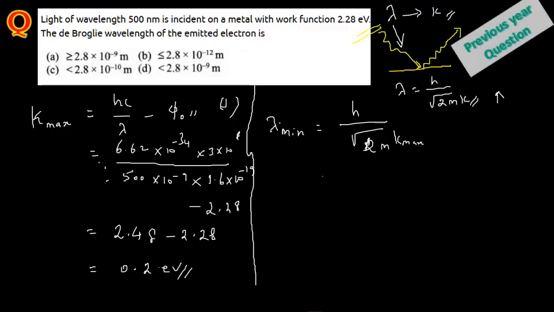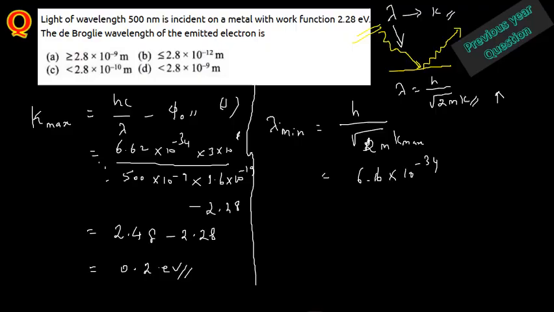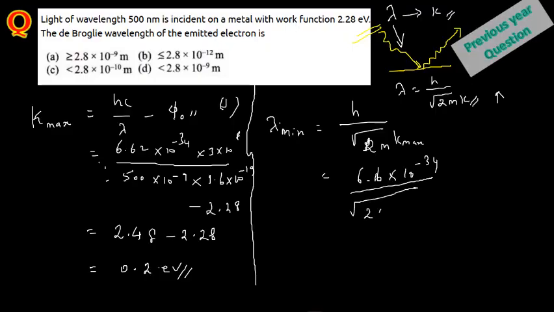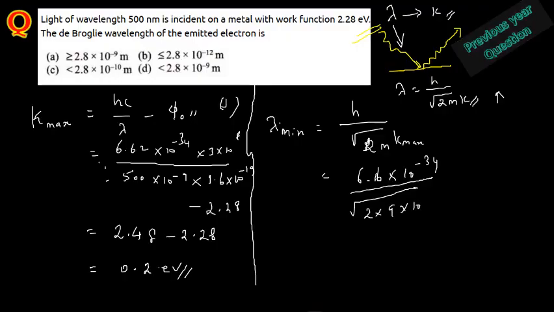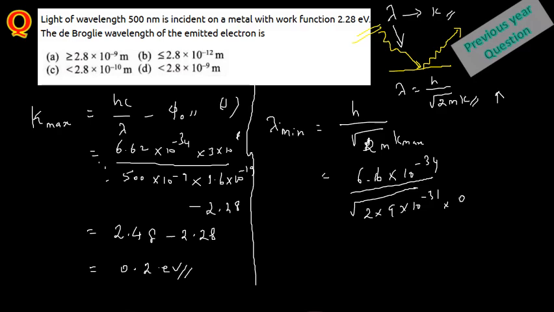Now substitute this value. Already you know this one, 6.624 into 10 power minus 34, divided by square root of 2 into the mass of electron, which is 9 into 10 power minus 31, into K maximum that we found out, that is 0.2 electron volt.